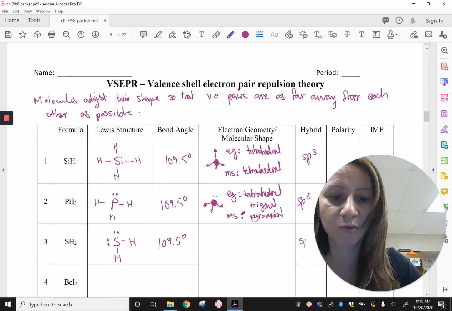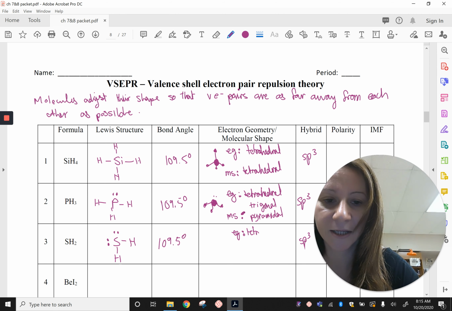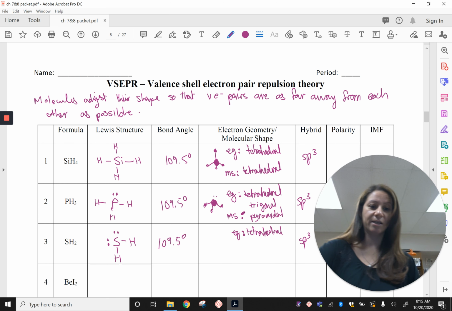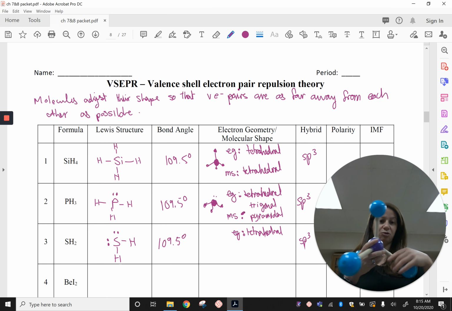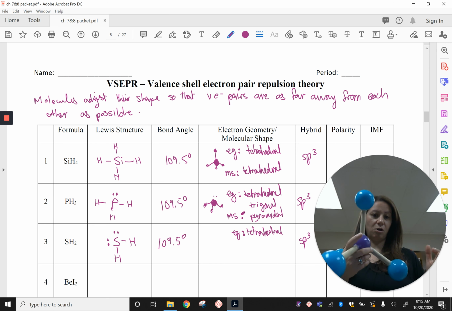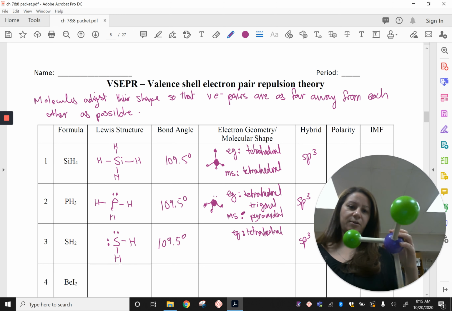It automatically tells you it's sp3 hybrid. It automatically tells you the electron geometry, the shape of the electrons, is a tetrahedral. But now let's look at the shape of the molecule itself. So here's the tetrahedral, the original tetrahedral, if they were all in bonds. We took one out, and we got this.